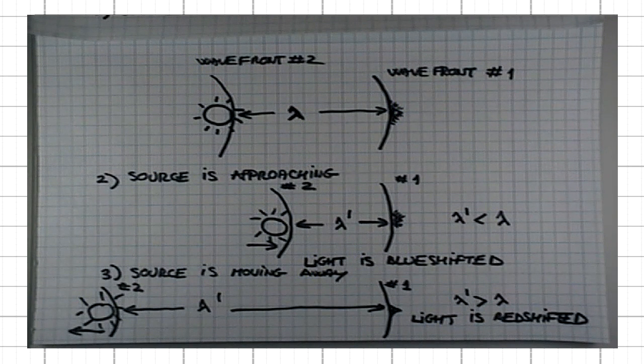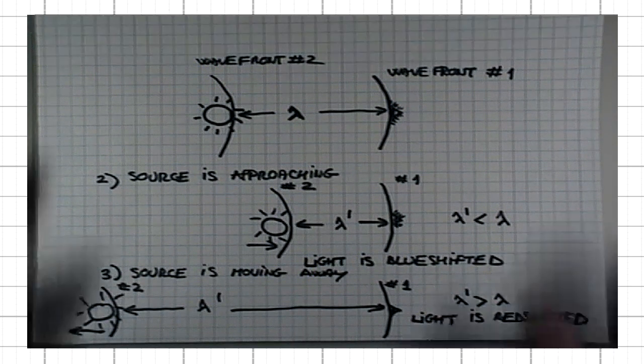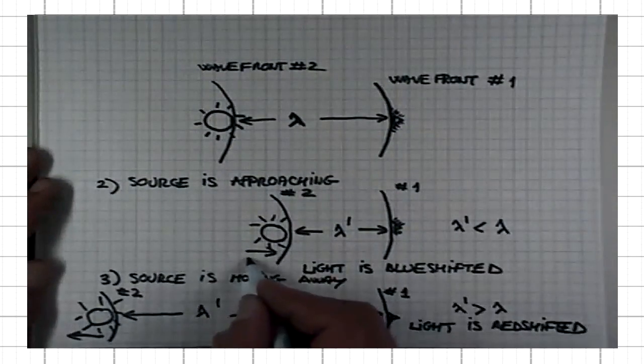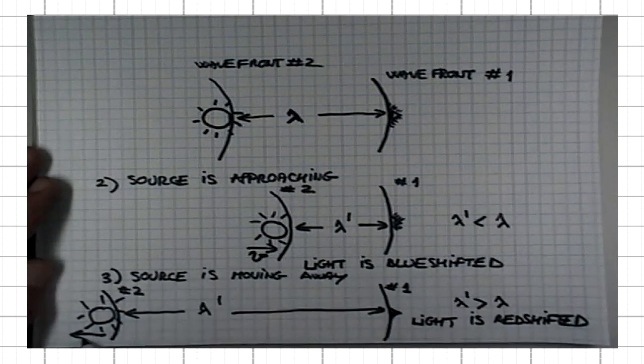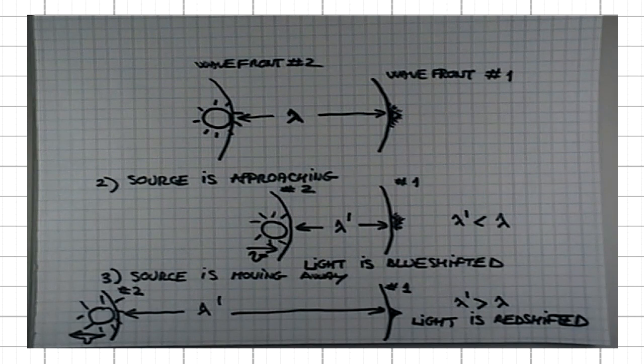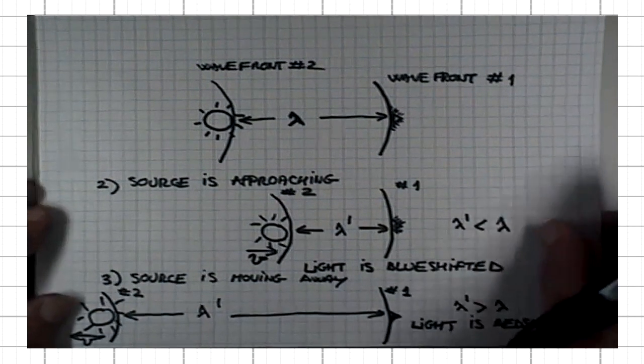If the source of light was moving away from you, if it was receding, then you would detect the wavelength that is longer compared to the one that you would measure when the light source is not moving. And it turns out that the amount of shift of wavelength is determined by the speed of the source, the relative speed of the source.